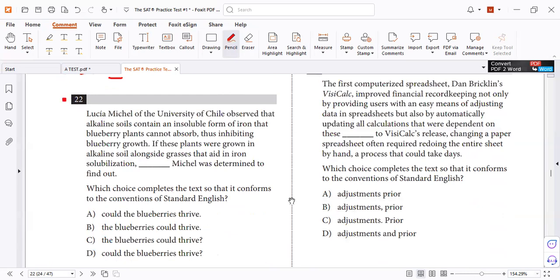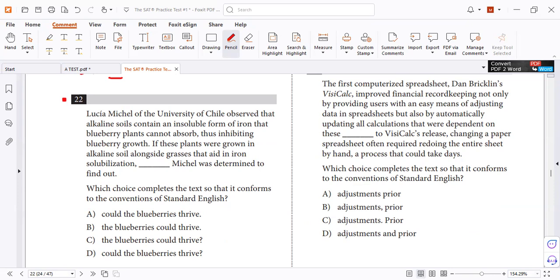Okay, 22. I think D. Letter D, sure. Yeah.